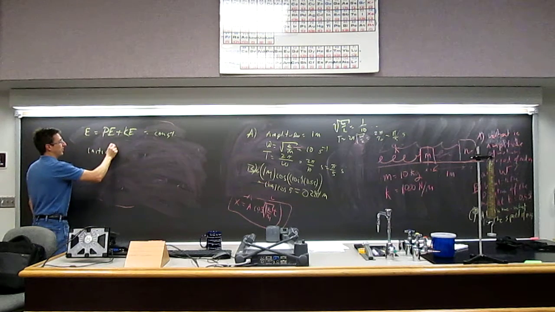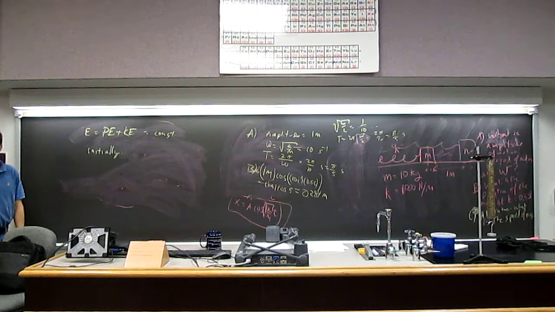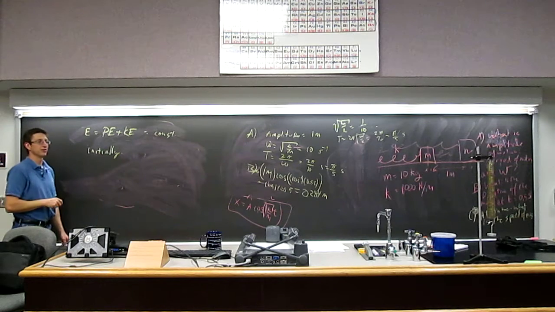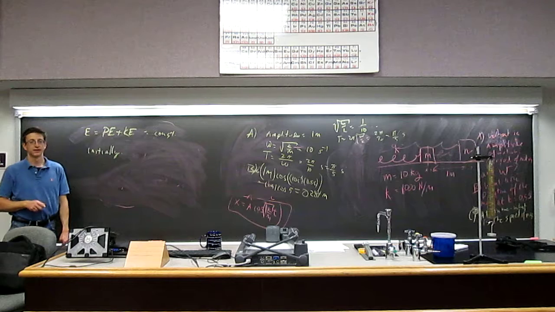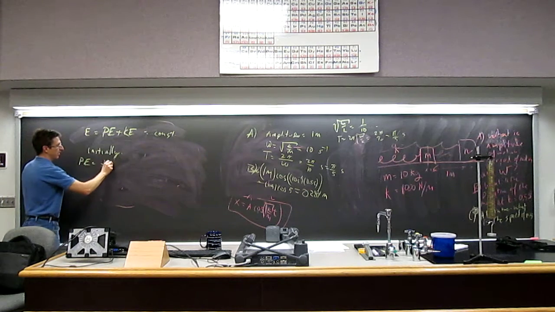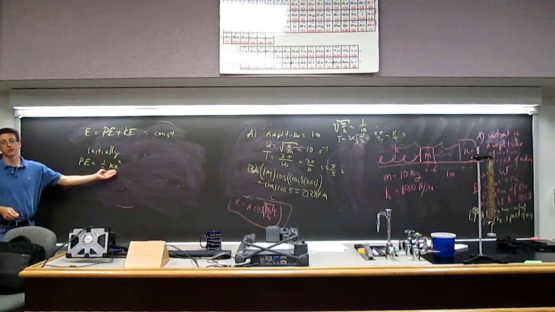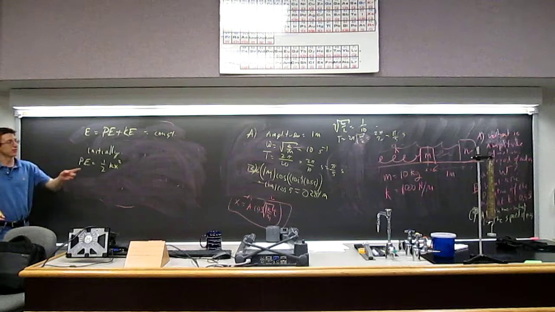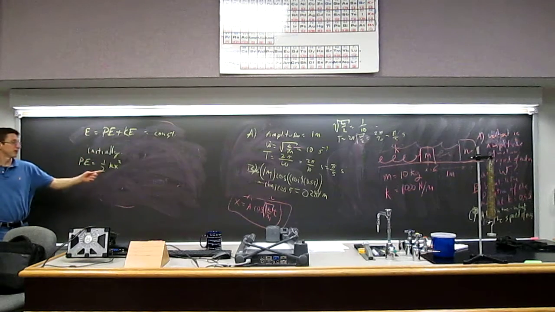Initially, when I moved it out by 1 meter, what's the kinetic energy? 0, because it's not moving. What's the potential energy? 1/2 k x squared, or d squared, which is the distance the spring is stretched. If I start out at x equals 0, then that would be the same as x squared.